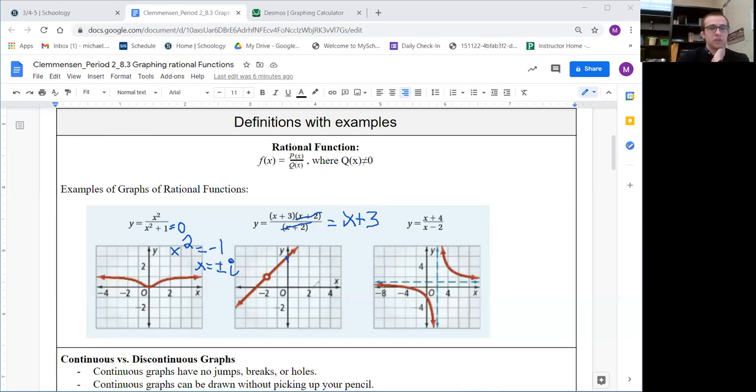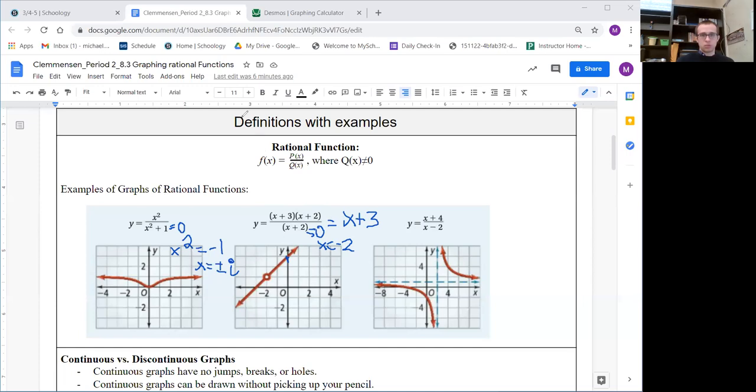But we can't have a certain point on here, specifically when our denominator equals 0. So if our denominator x plus 2 equals 0, that means x equals -2 is going to be a problem, because we cannot have a 0 in our denominator. And so we have a hole where x equals -2. We have a spot where it does not exist.